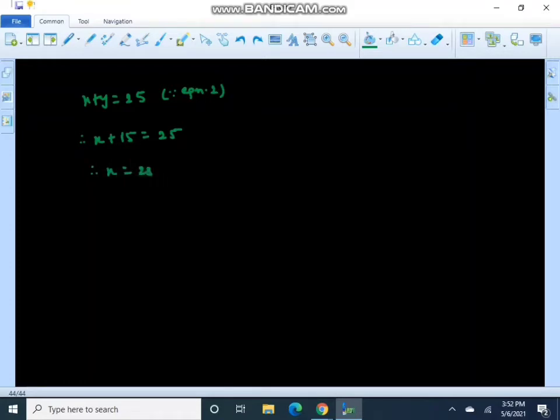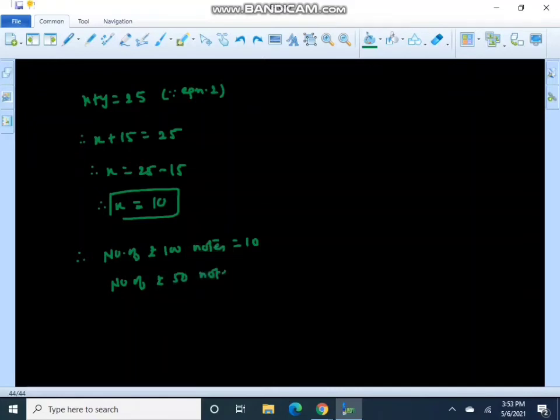Therefore x is equal to 25 minus 15. x is equal to 10. Therefore number of rupees 50 notes is 10 and number of rupees 100 notes is 15. Clear?